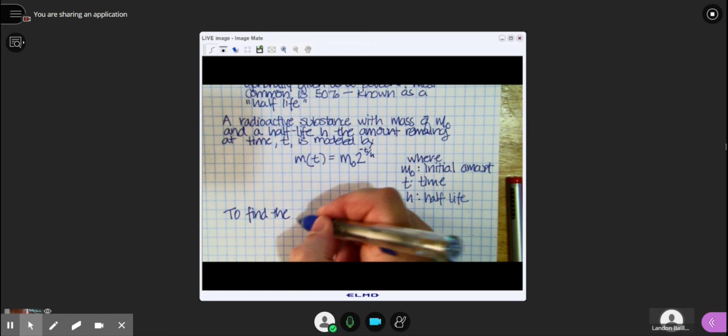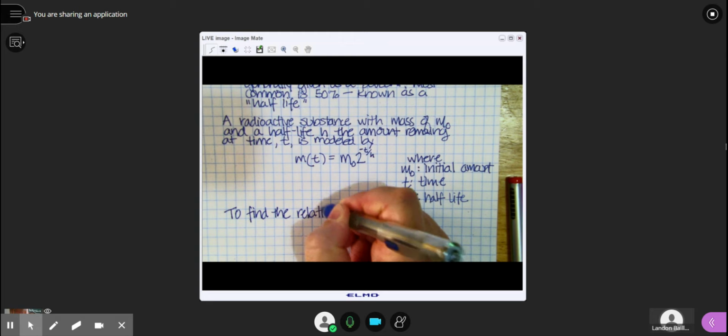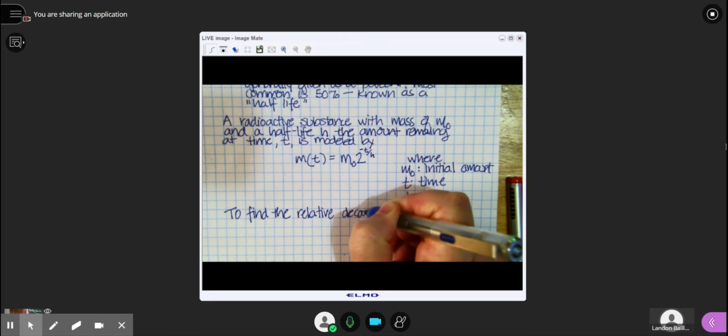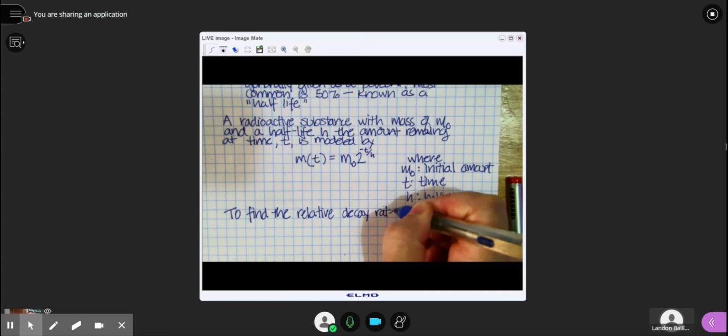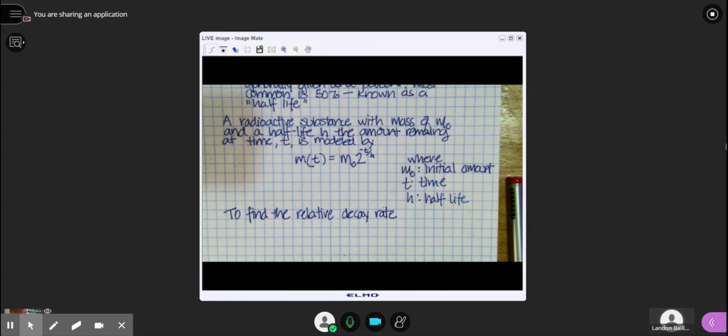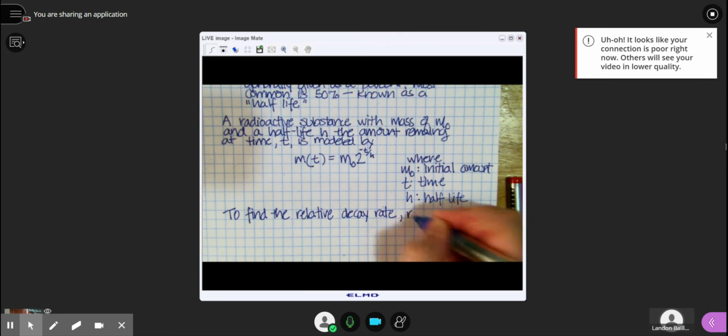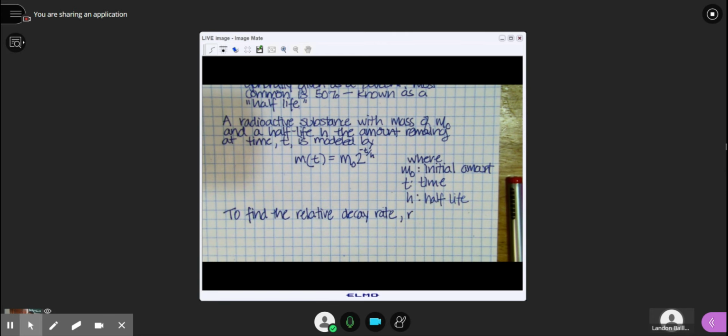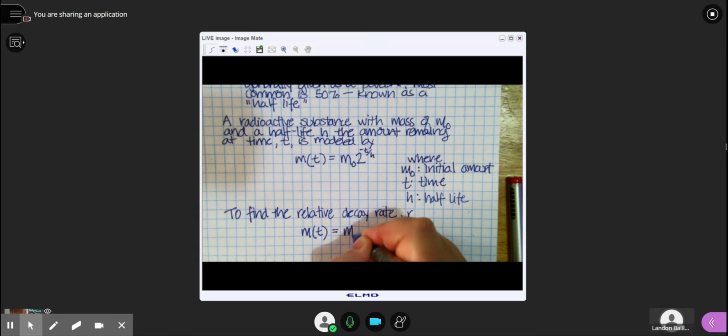All right, to find the relative decay rate, that basically means any other decay rate that's not by half. To find the relative decay rate r, we use m of t is equal to m sub 0 e to the negative rt.